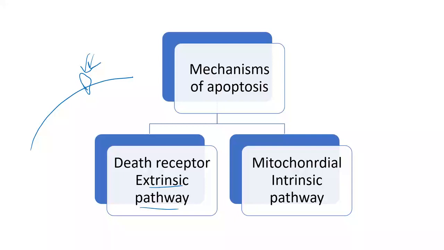The other one starts within the mitochondria, and so it occurs within the cell, so it is called the intrinsic pathway. So the mechanisms of apoptosis include two pathways, the extrinsic pathway and the intrinsic pathway. The extrinsic pathway depends on the presence of a receptor on the surface of the cell, and the intrinsic pathway is mediated by changes in the mitochondrial membrane. So this is called the intrinsic pathway.